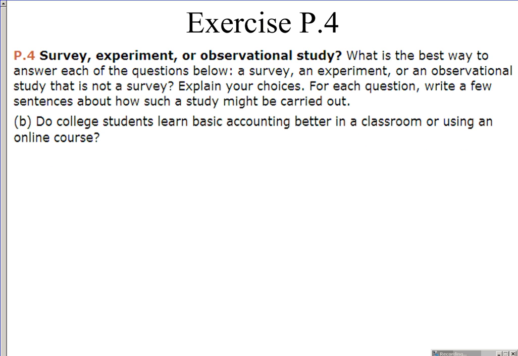Letter B. Do college students learn basic accounting better in a classroom or using an online course? This would be an example where we would want to do an experiment.